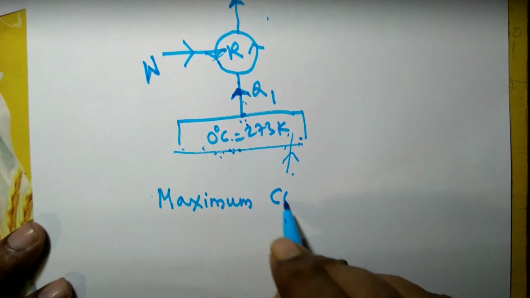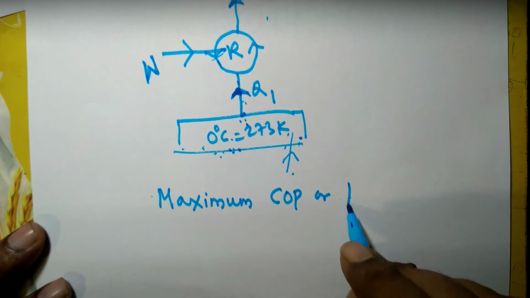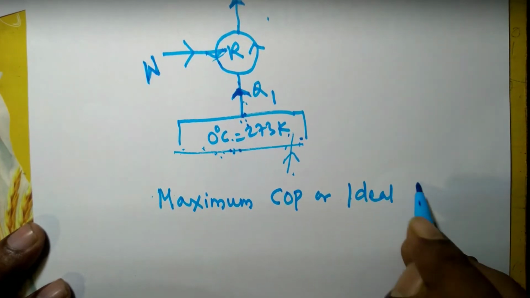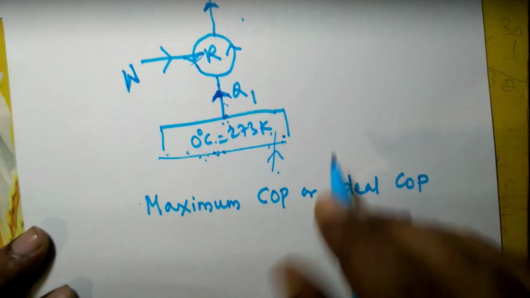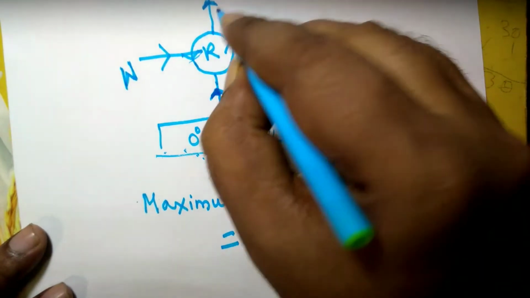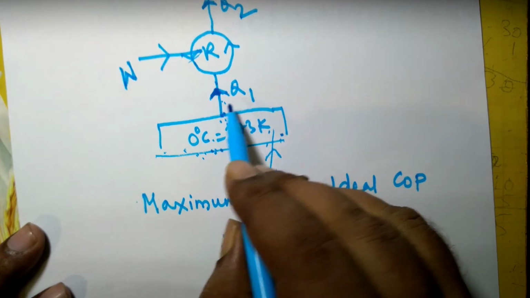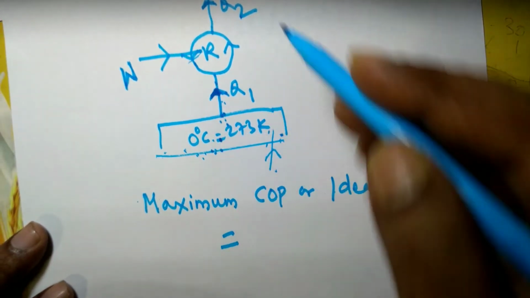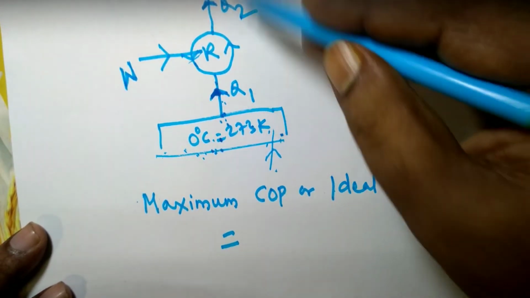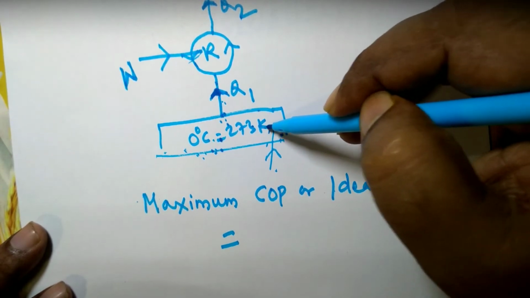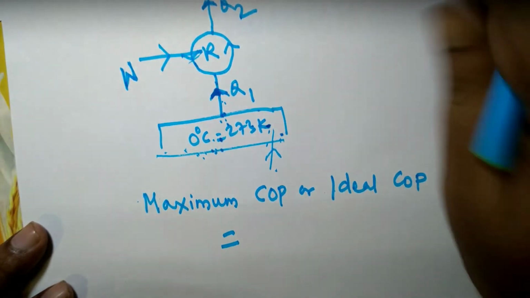The maximum COP, or ideal COP, as I have already discussed, is the low temperature divided by the temperature difference between these two. Of course the temperature is to be expressed in Kelvin only.